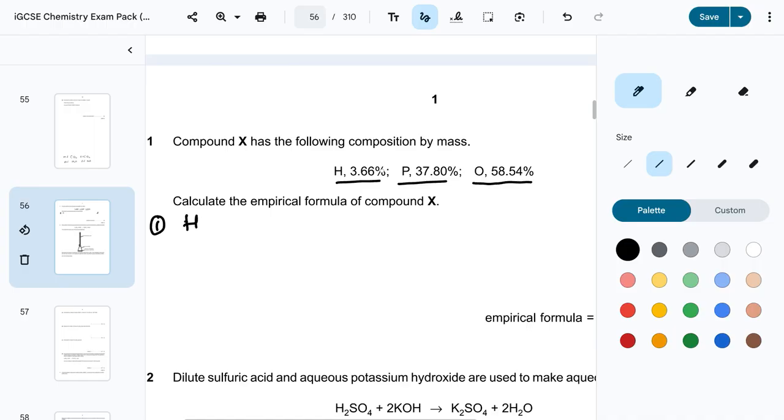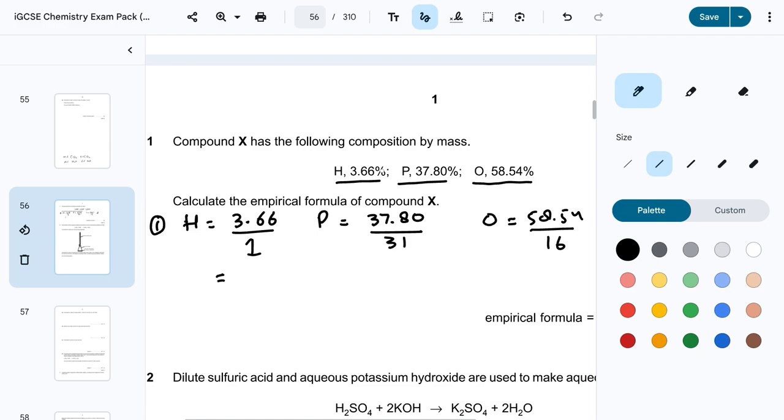It is very easy. You just divide the percentage of hydrogen by the atomic mass of hydrogen. For phosphorus, 37.80 should be divided by 31, which is the atomic mass of phosphorus. And for oxygen, 58.54 should be divided by 16.